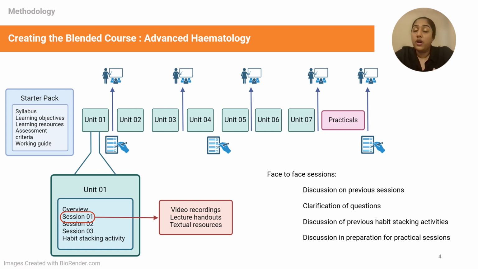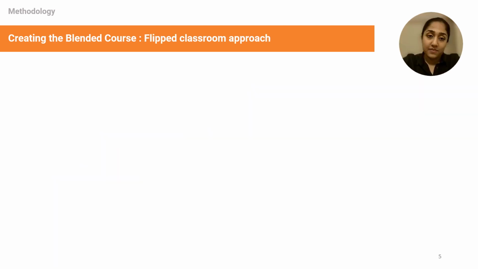They were more of an open discussion forum where we discussed the previous sessions, the previous habit stacking activities, the practical sessions, and a Q&A session where students were allowed to clarify any questions they had. Apart from the face-to-face sessions, we also had 3 assignments distributed throughout the program.